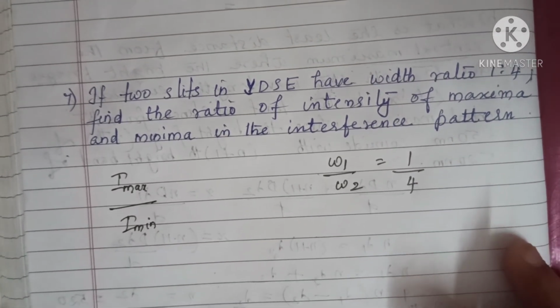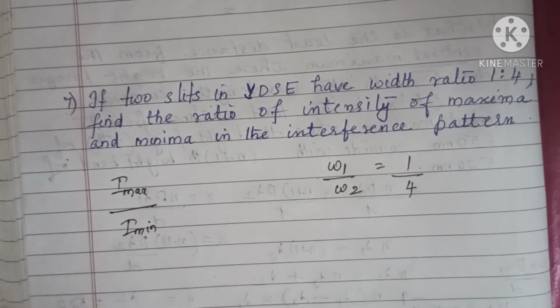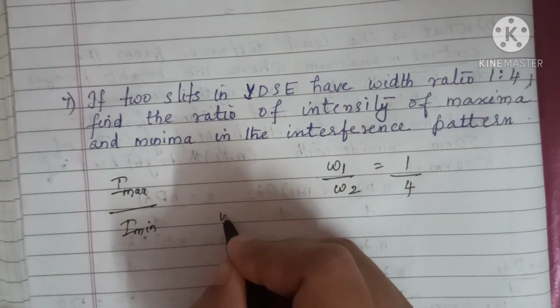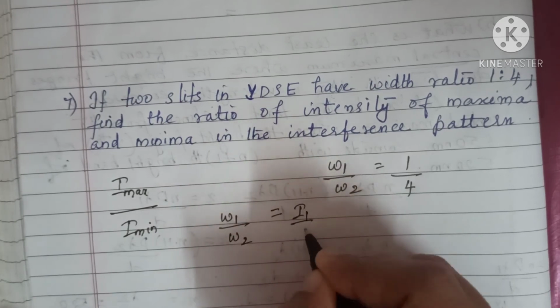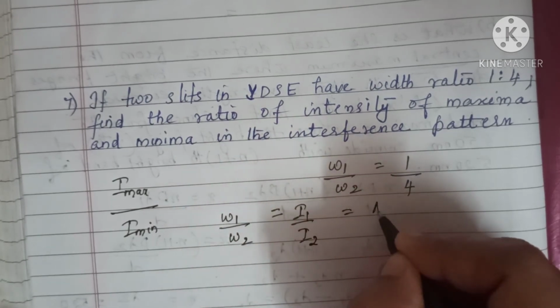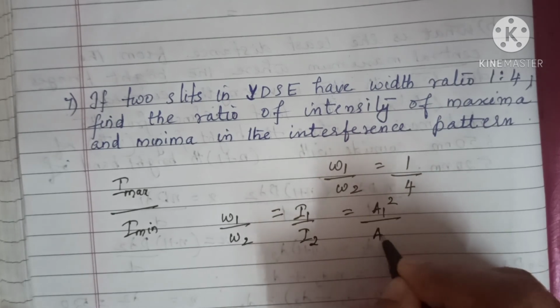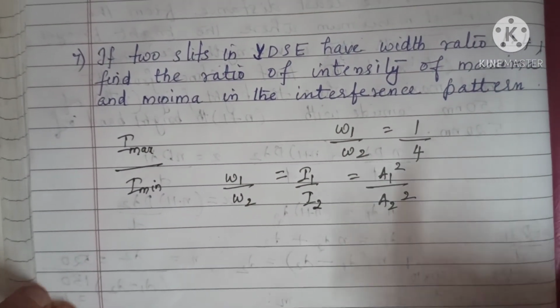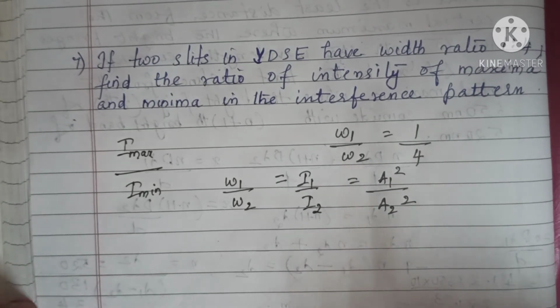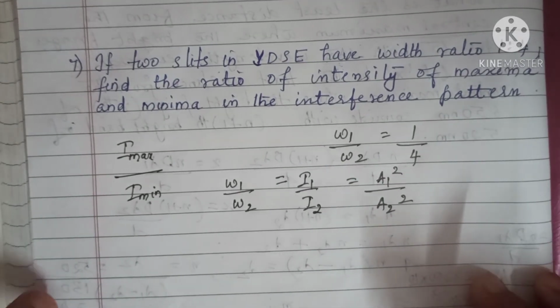So you know the relationship between width of the slits, intensity and amplitude. How? W1 by W2 is equal to I1 by I2, which is equal to A1 squared by A2 squared. This is the relation between width, intensity and amplitudes, isn't it?